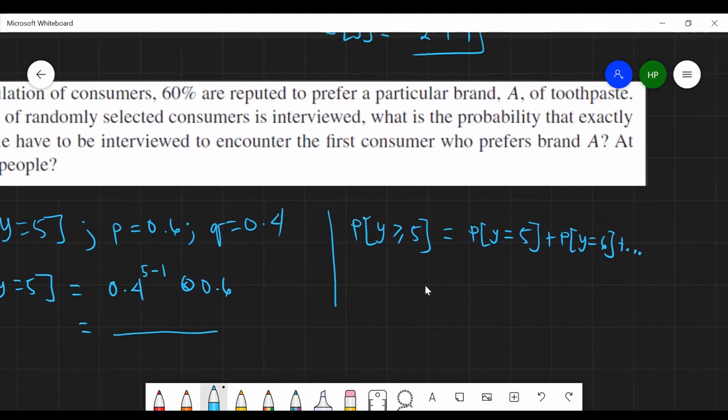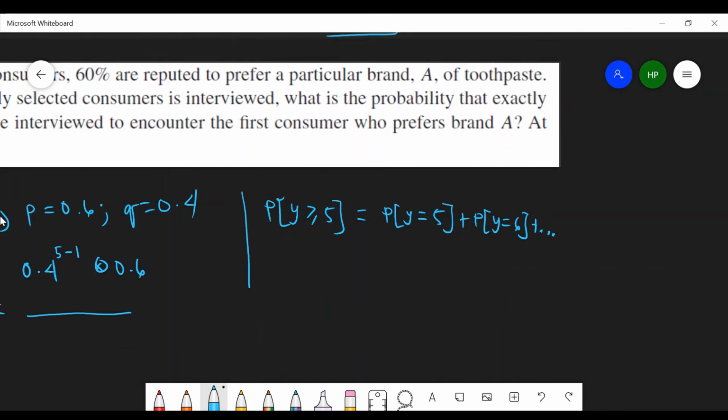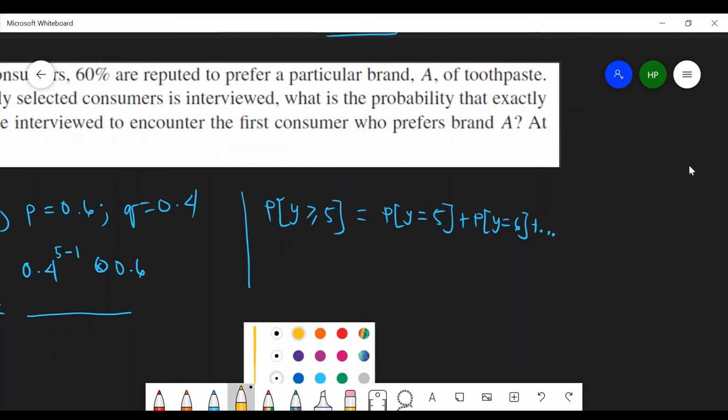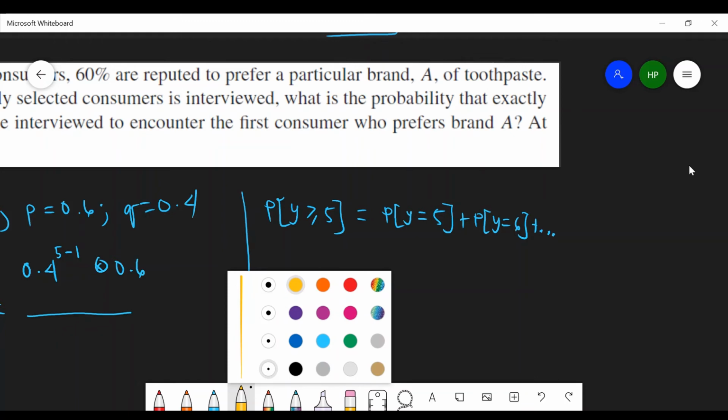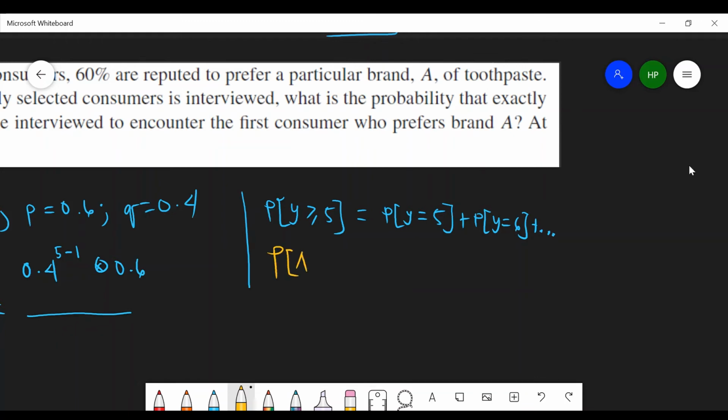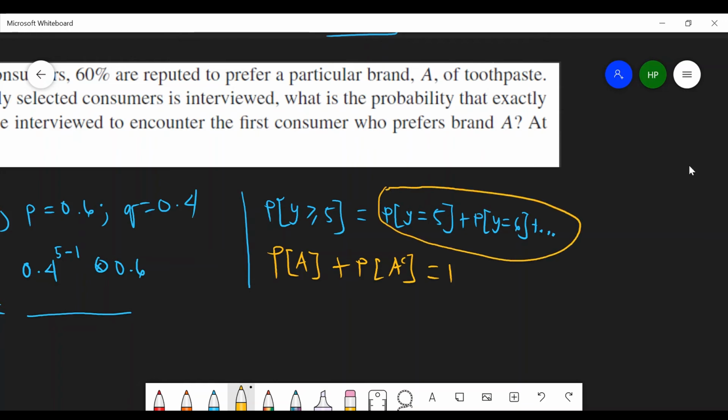Tama? Pwede palang gumamit ng complement. So, kung gagamit tayo ng complement, again, tandaan natin na probability of A plus probability of A complement equals 1, right? Ngayon, pangalanan natin na probability of A.